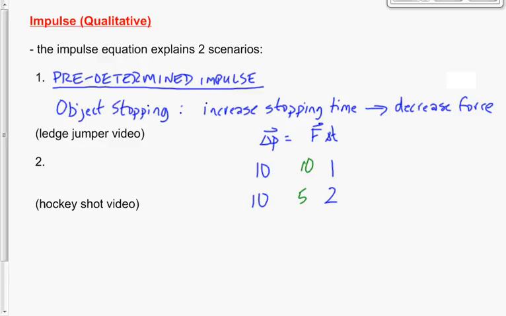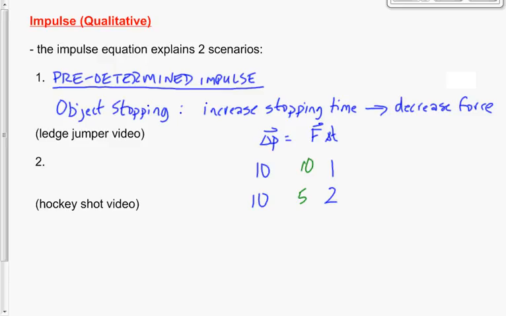It may be to explain why you bend your legs when you jump off your desk. It doesn't matter what the context is. If the question asks you about anything that cushions an impact, the answer is: impulse is the same, time goes up, force goes down. Does that make sense?